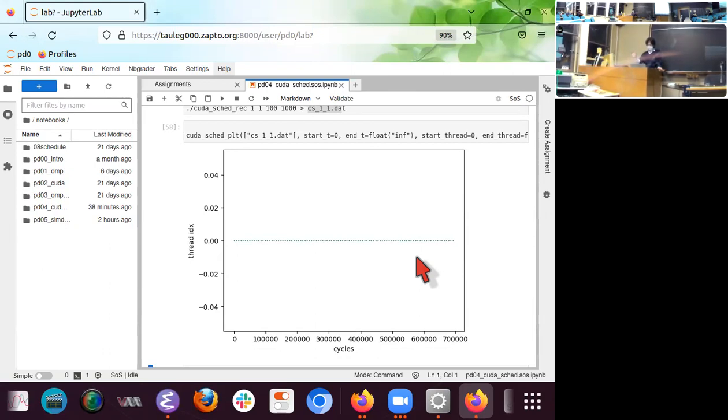Let's say, for the sake of simplicity of the calculation, the frequency of a GPU is 1.4 gigahertz, right? 1.4 gigahertz means that within a single second, the clock advances 1.4 billion times.